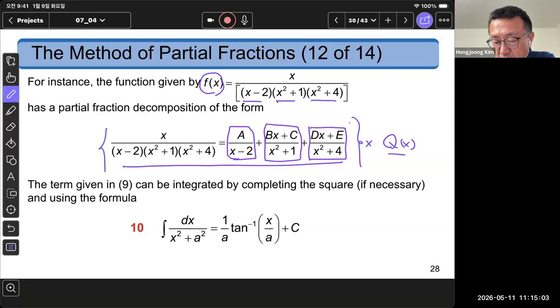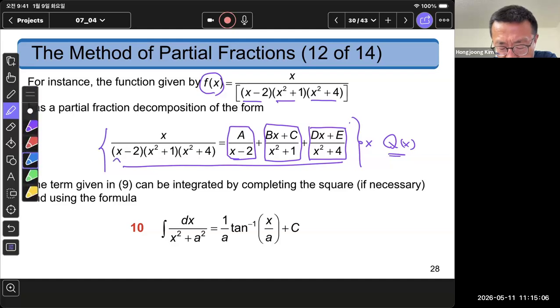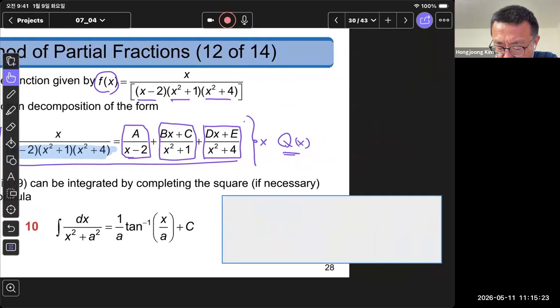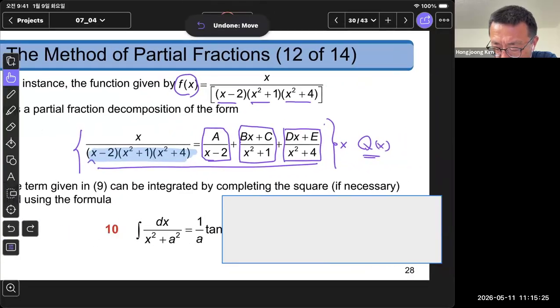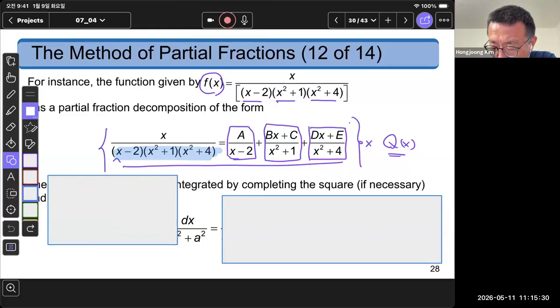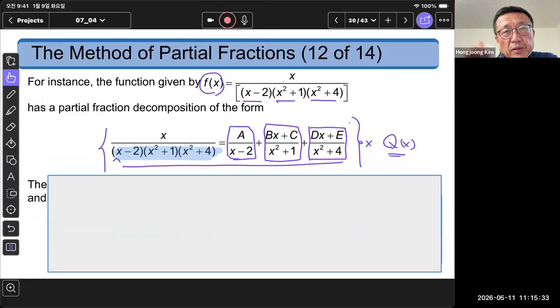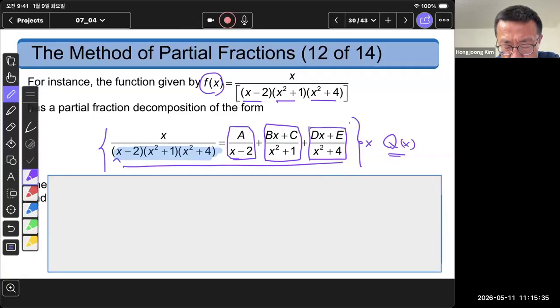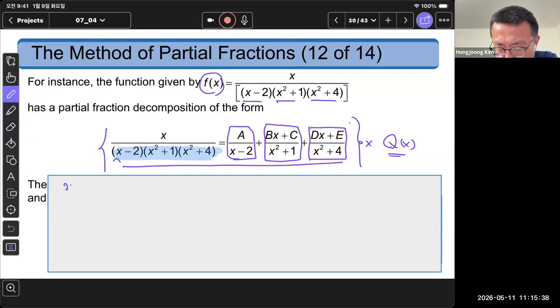So when qx, please note that this is your qx, is multiplied on the left, you get just x.